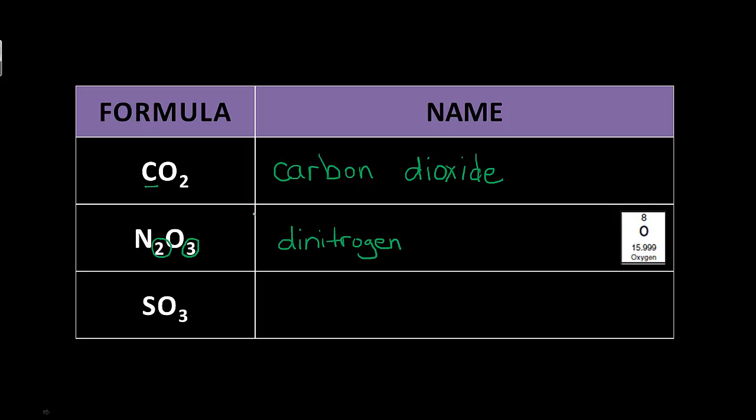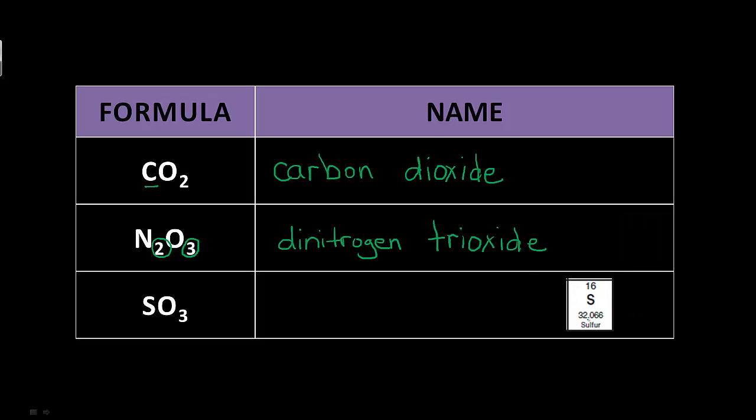Our prefix for 3 is tri. And now we name it oxygen. But remember, we change the ending on our second nonmetal to IDE. So it's going to be oxide. So N2O3 is dinitrogen trioxide. 2 nitrogens, 3 oxygens.